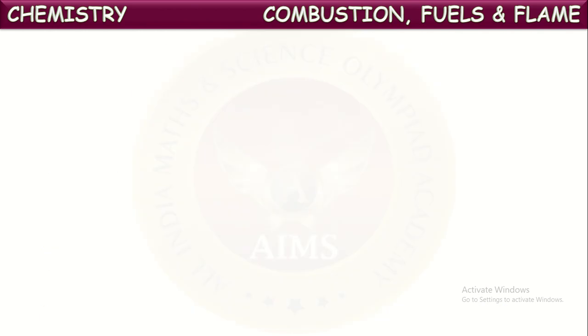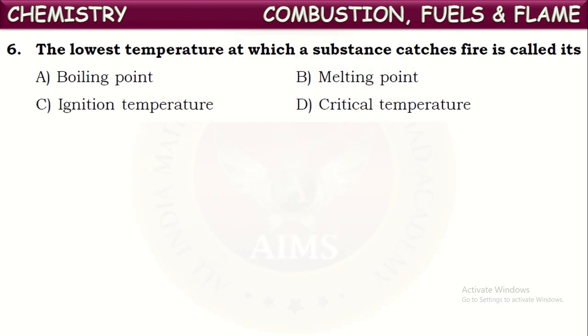Okay. Next, the lowest temperature at which a substance catches fire is called its... What do you call this? The lowest temperature at which a substance catches fire is called ignition temperature. Below this ignition temperature, even though the substance is a fuel, it cannot catch fire.